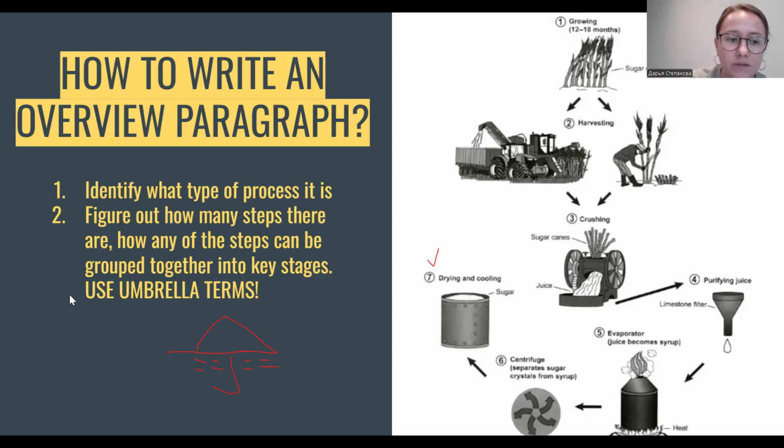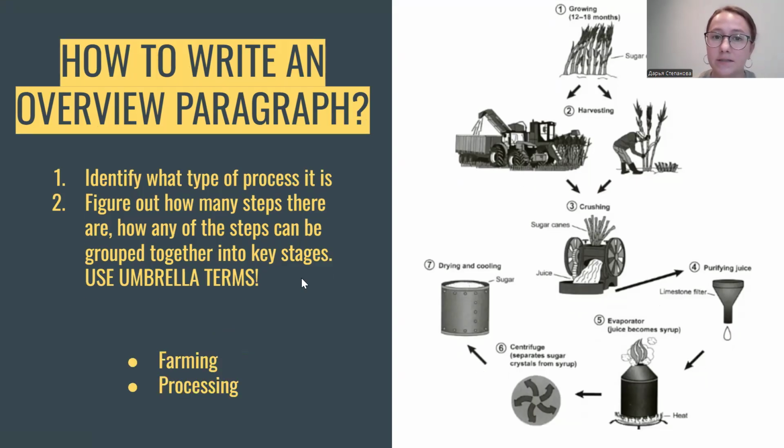So these 7 steps can be divided into 2 key stages, named with umbrella terms: farming, namely growing and harvesting, and processing, which involves crushing, purifying, evaporating, separating, drying, and cooling.